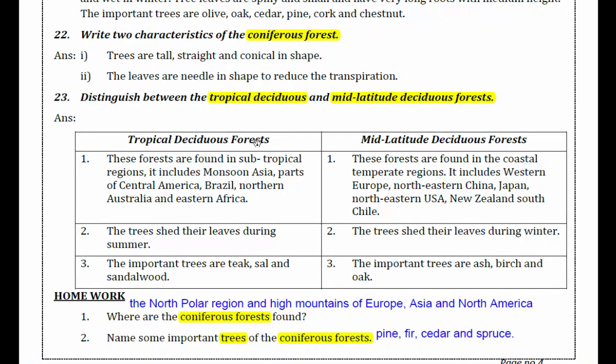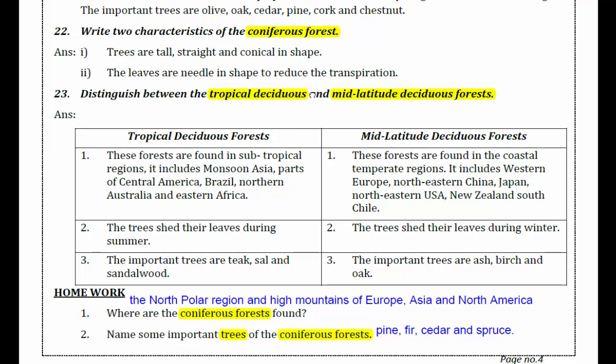Next one is distinguish between tropical deciduous and mid-latitude deciduous forests. Tropical deciduous forests are found in subtropical regions. It includes monsoon Asia, parts of Central America, Brazil, North Australia and Eastern Africa, whereas mid-latitude deciduous forests are found in the coastal temperate regions.